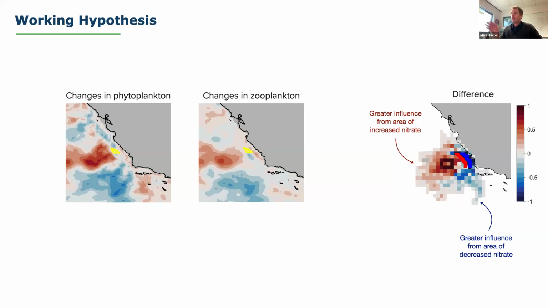So that's a summary of what we're seeing in terms of changes in productivity: order 20% changes, more pronounced in the south and with this spatial pattern offshore.